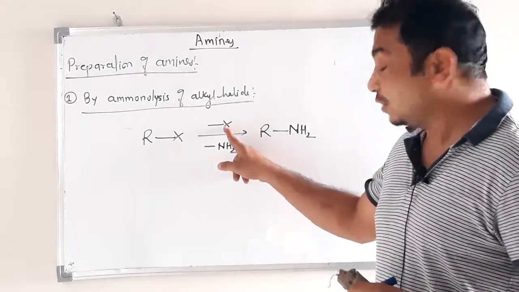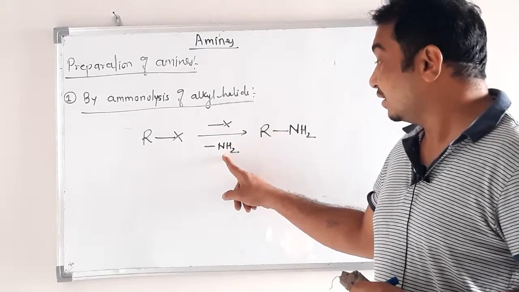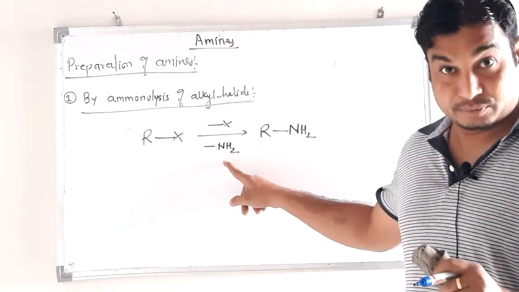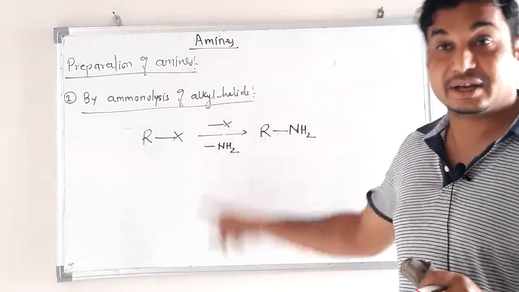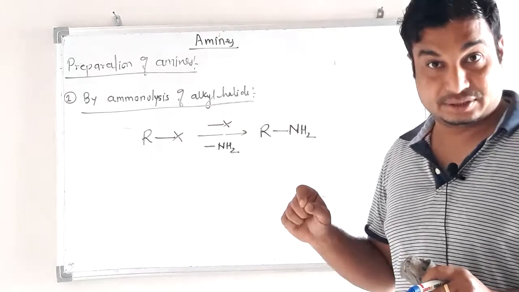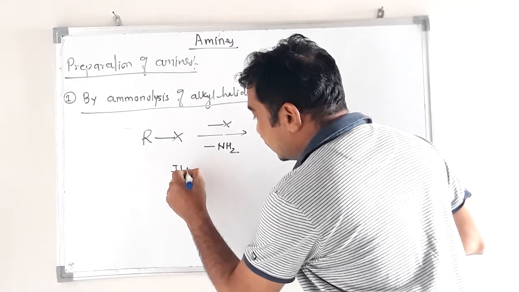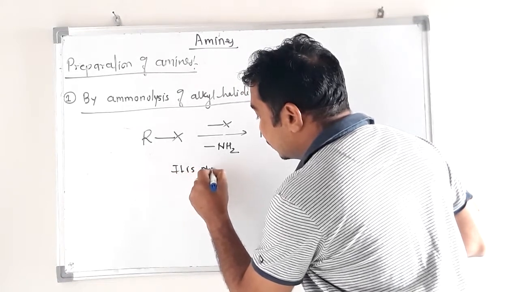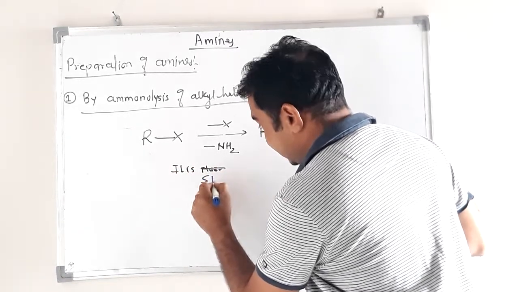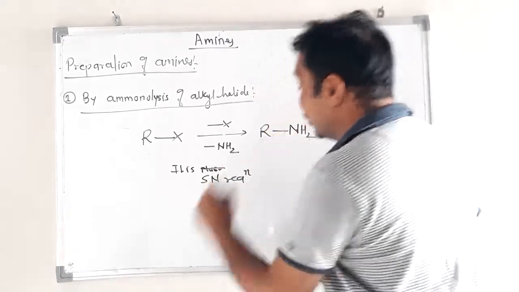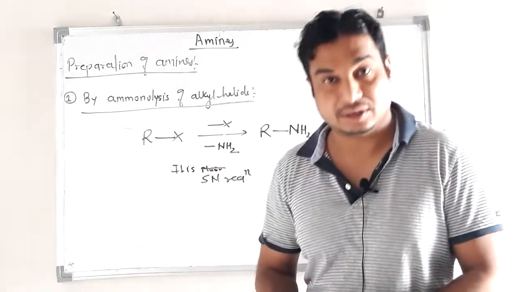Here the halogen atom is getting replaced by NH2, that is, X minus gets replaced by NH2 minus. So it is an SN reaction, nucleophilic substitution reaction.